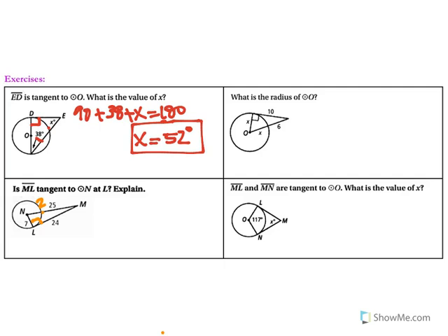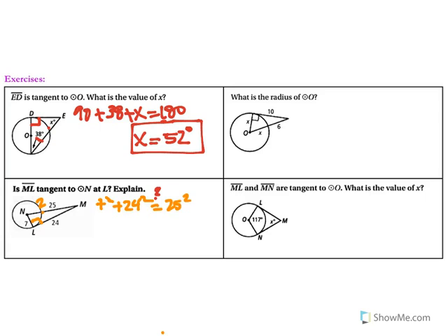If it were, what would be true about all my sides? What old theorem could we use to help us figure out if L is a right angle? Yep, it's our favorite Pythagorean theorem. 7 squared plus 24 squared equals, does it? 25 squared.